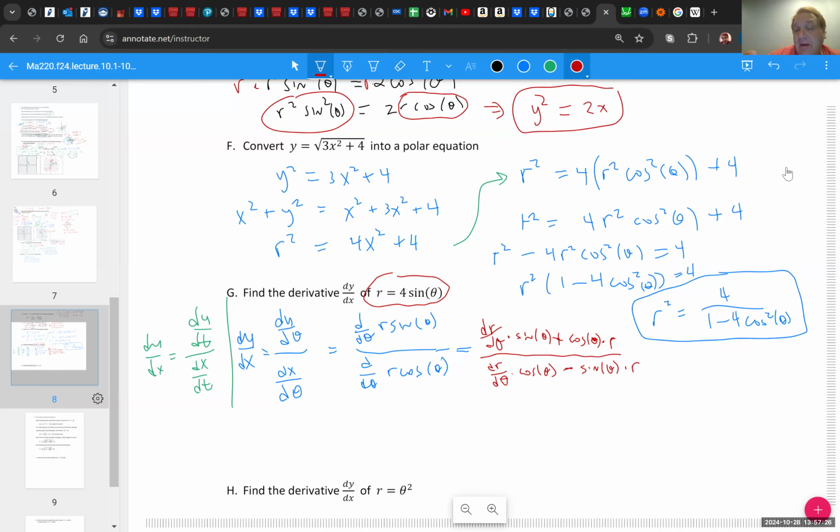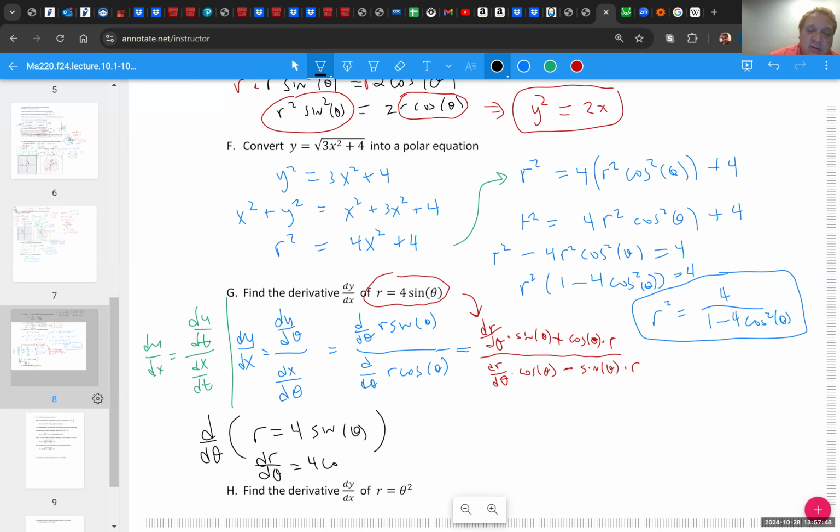All right, so then what we do is we're just going to substitute in. We do have to know what dr/d theta is, so I'm going to do that over here. If r is equal to 4 sine theta, and I differentiate this whole thing with respect to theta, then on the left-hand side, I get dr/d theta. On the right-hand side, the only variable is theta, so it's very easy to differentiate.